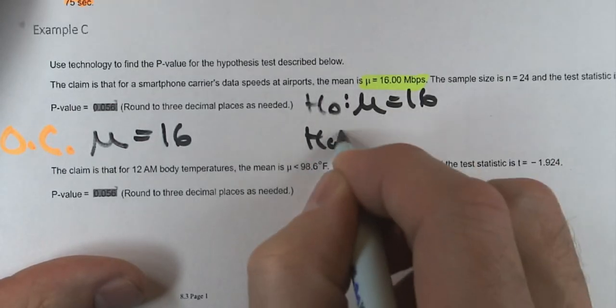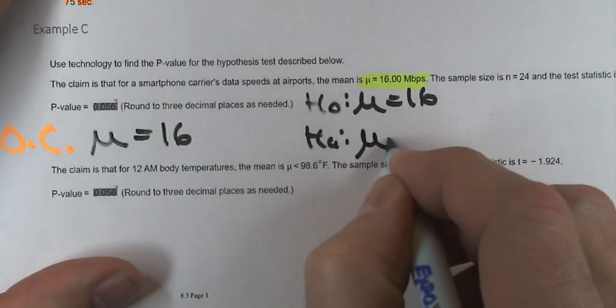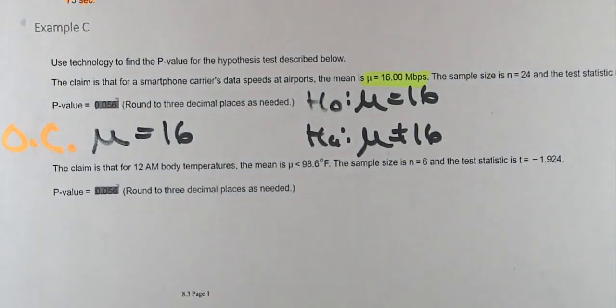Give yourself a second and try to determine the alternative hypothesis. Mu doesn't equal 16. Nice. So, is this going to be a left tail test, a right tail test, or a two tail test?